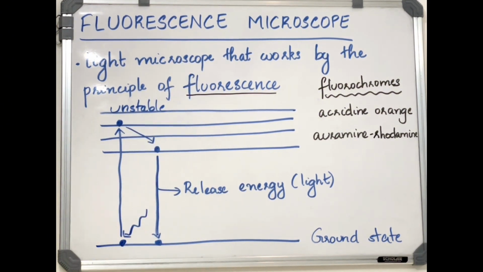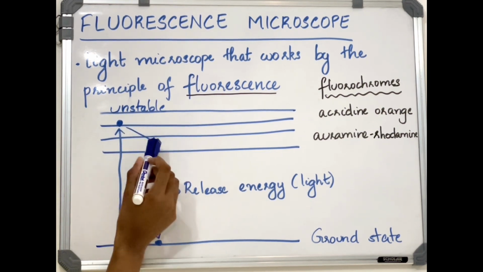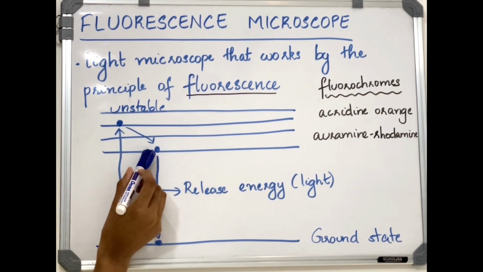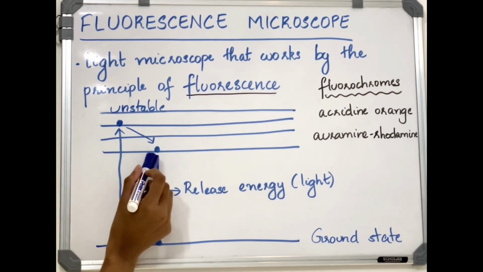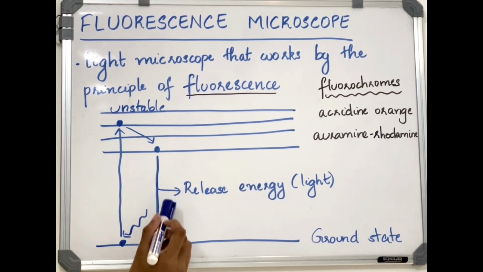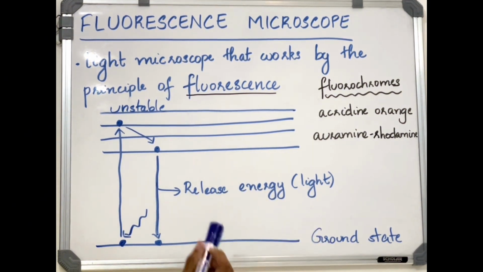So the electron drops to a stable low energy state and then returns to the ground state. When the electron returns to the ground state, it releases energy in the form of light. This is called fluorescence.